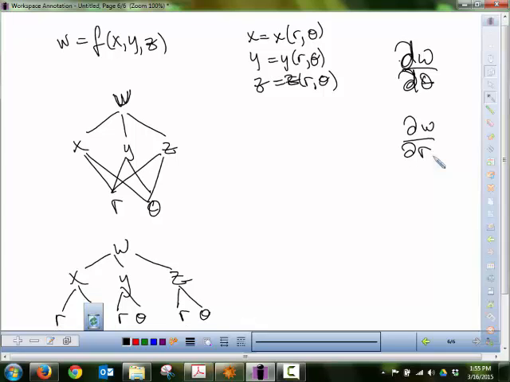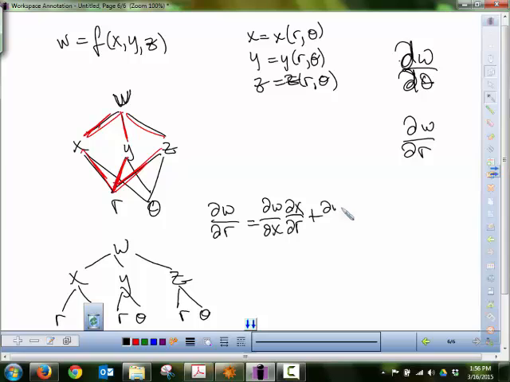So let's find a formula for one of them, dw dr. We have to find all the paths that lead down to r. Right? So there's three paths, so I must have three things that I'm going to add up. Partial of w with respect to x, partial of x with respect to r, partial of w with respect to y, partial of y with respect to r, partial of w with respect to z, partial of z with respect to r.